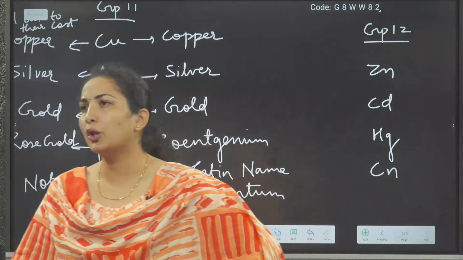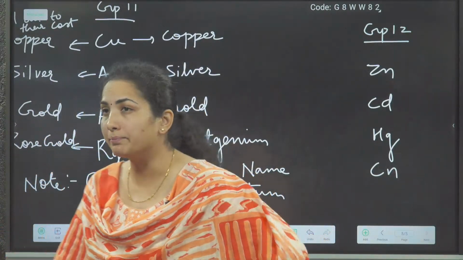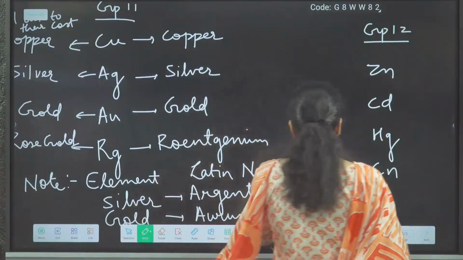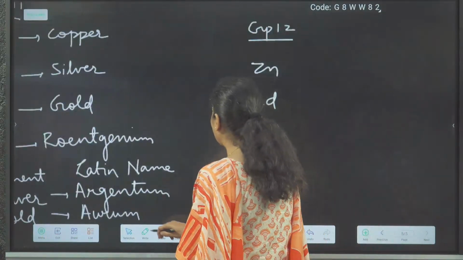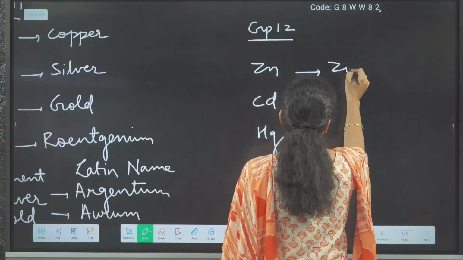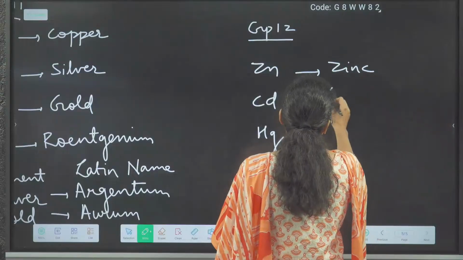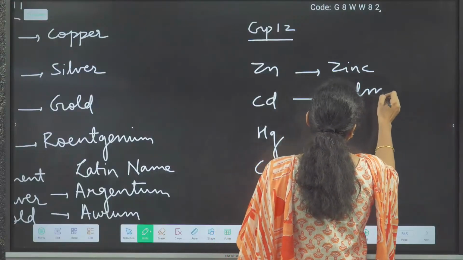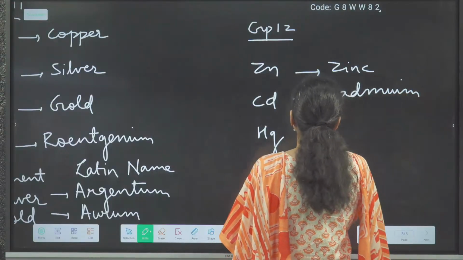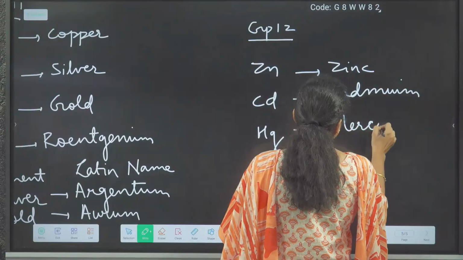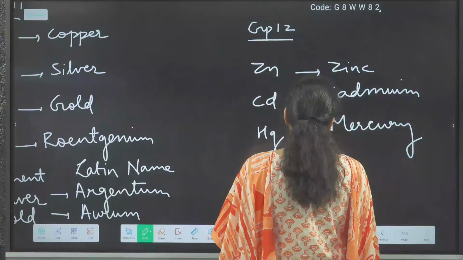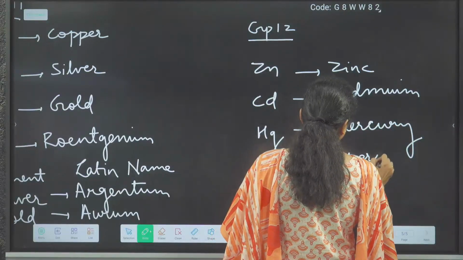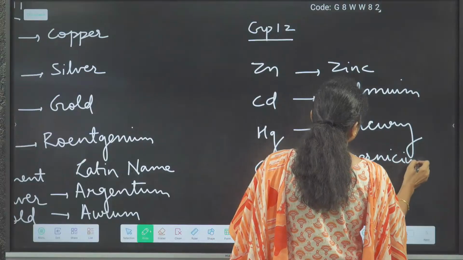Mercury. Good. And the last one is copernicium. Okay. So we are going to write down that only here. Group 12 elements: zinc, cadmium, mercury, and you are having here copernicium.